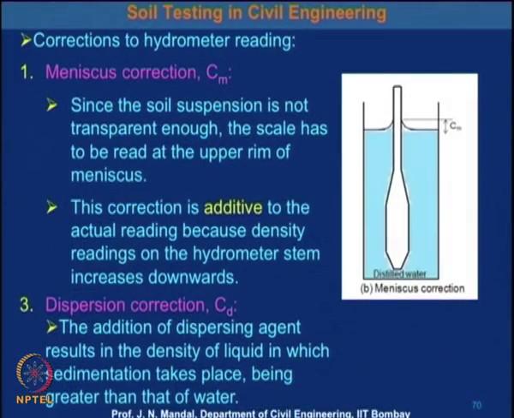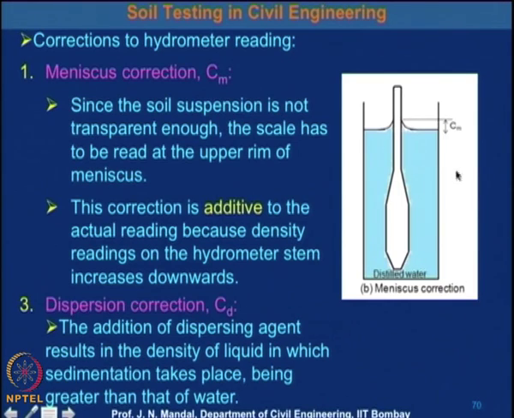Before that hydrometer analysis, some corrections to the hydrometer reading are required. The first correction is the meniscus correction, designated as Cm. Since the soil suspension is not transparent enough, the scale has to be read at the upper rim of the meniscus.